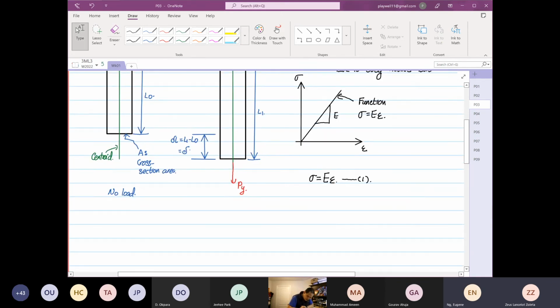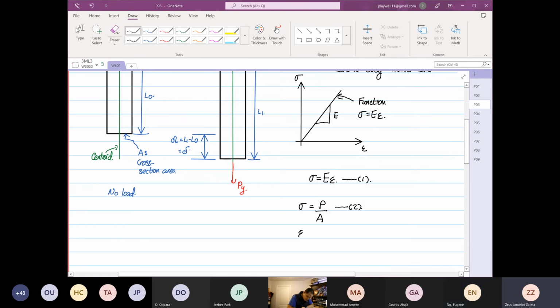Okay, so we know stress is equal to force divided by area. Okay, so this is very obvious. You'll say, yeah, I've seen this before. So this is your equation number 2.